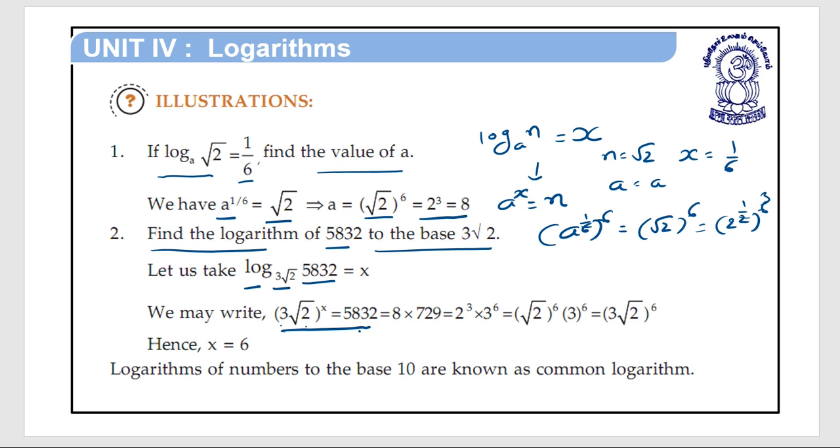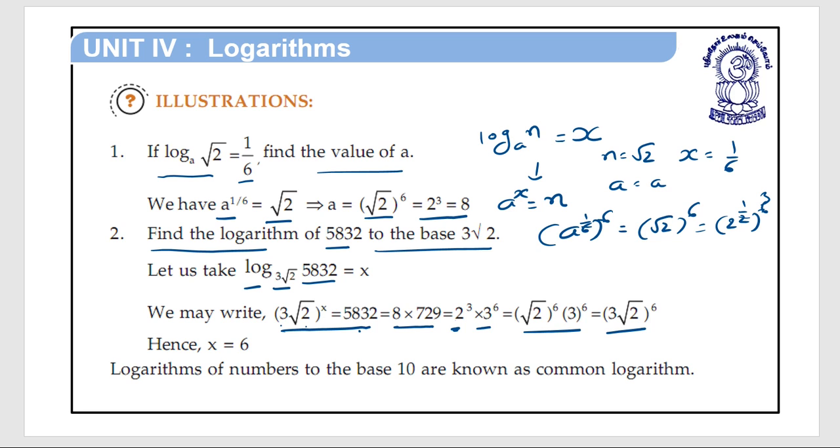So 5832 is equal to 8 into 729, where 8 means 2 cube and 729 means 3 raised to 6. Here we can also write 2 in root 2 form, so root 2 raised to 6, 3 raised to 6.